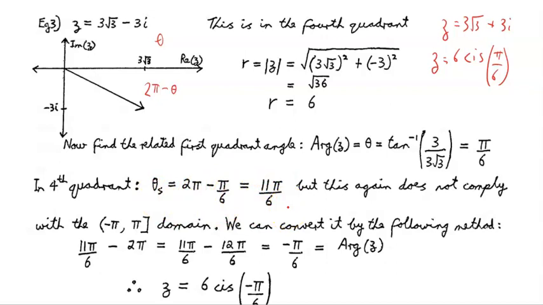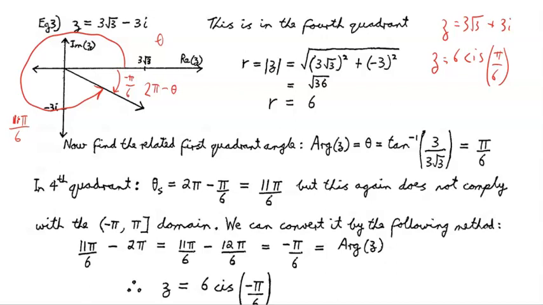But again, this 11 pi on 6 doesn't work. It goes beyond our domain, so we have to go back in the negative direction. To go back this way, all we needed to do was minus pi on 6. 11 pi on 6 is going all the way around here, and if you add on pi on 6, you get 2 pi.